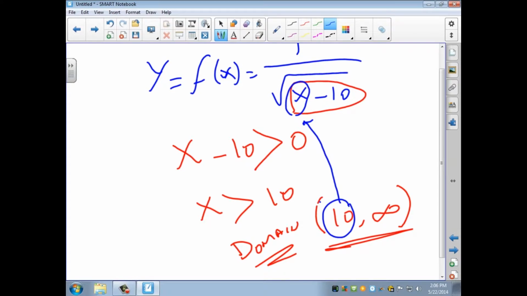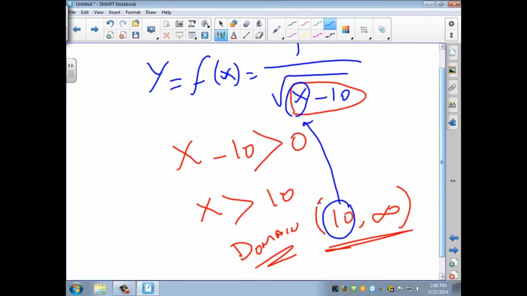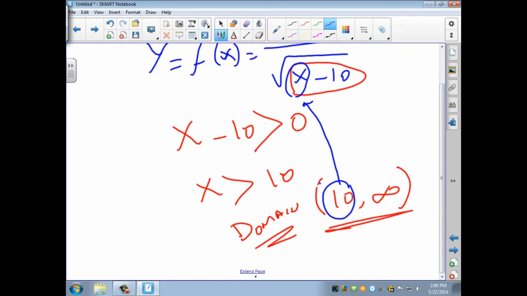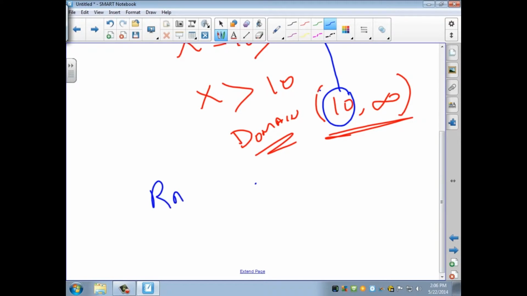So something divided by an extremely small number would basically be infinity. And as x increases, the denominator would get larger, and 1 divided by a larger number would move towards 0. So the range of this function would be from 0 to infinity.